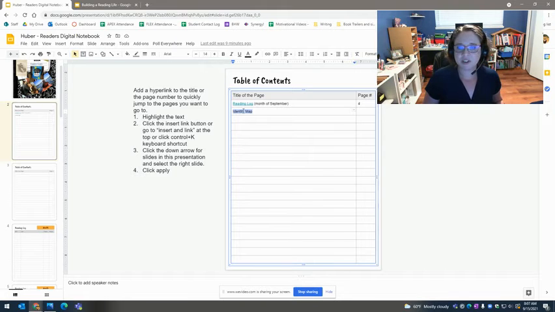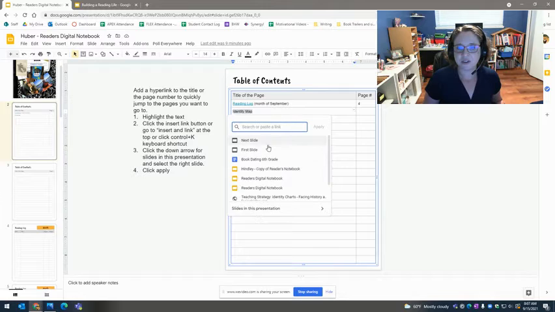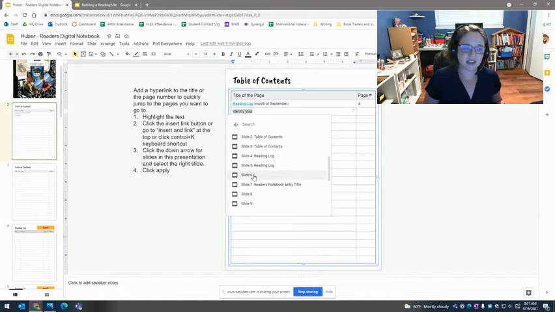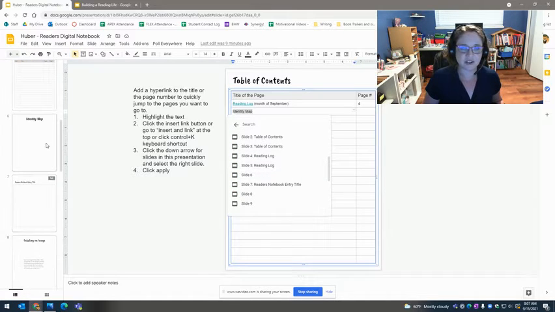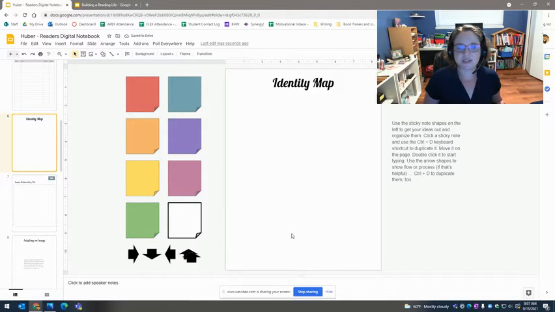But a cool feature about digital notebooks is I can actually link this to somewhere in the slideshow and slides in this presentation. And it's actually going to be slide 6. If I look over here, it's slide 6. And so I can just link that. And then when I'm ready to start, I can just go to slide 6.